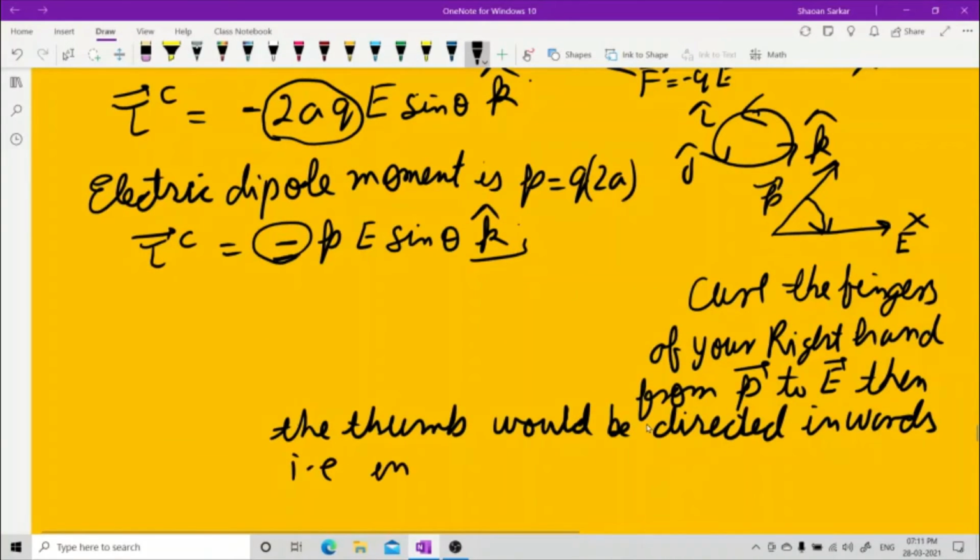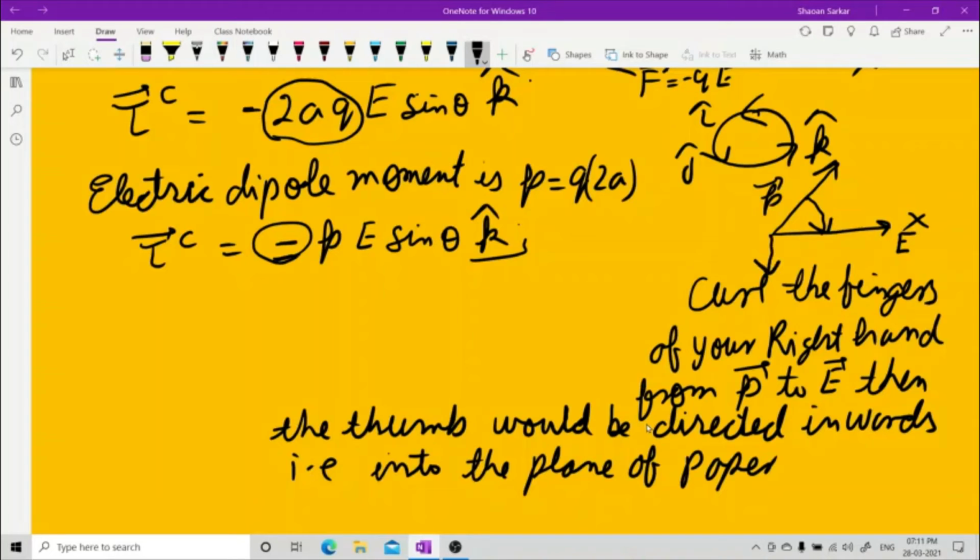Curl your fingers like this, and the thumb is going to go in this direction, that is minus K. That's why this minus sign and this K.